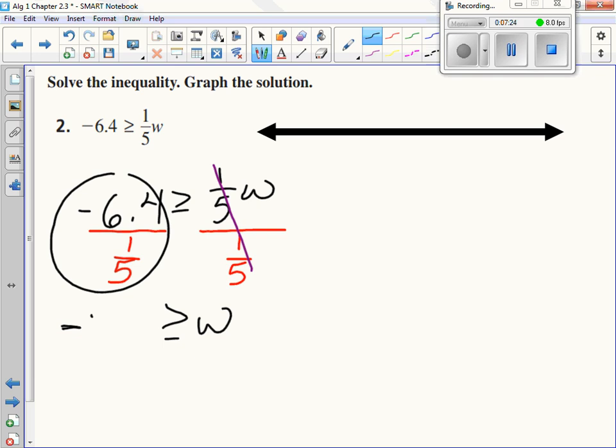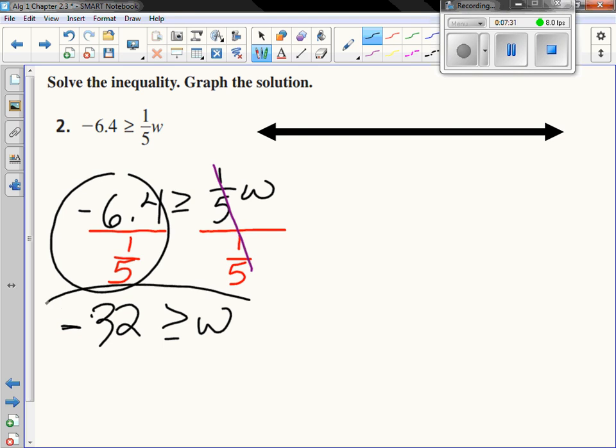So negative 32. We can do it that way. So we would get negative 32 is less than or equal to W.